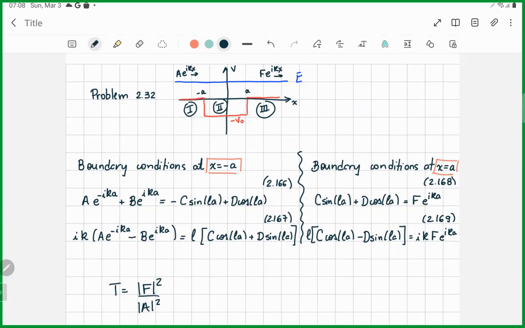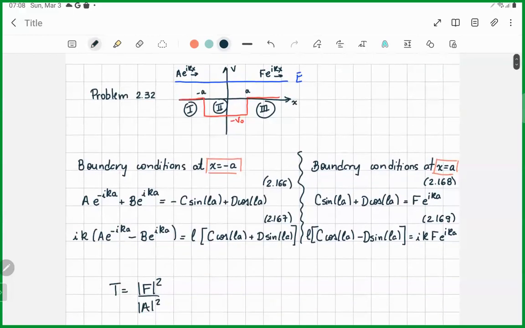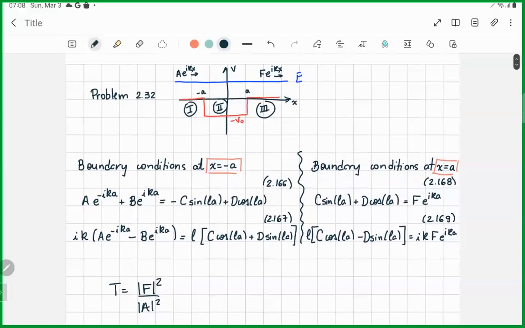So the transmission coefficient is the absolute value squared of F, the amplitude that was transmitted, divided by A, the whole thing that came from minus infinity. So this is our goal.